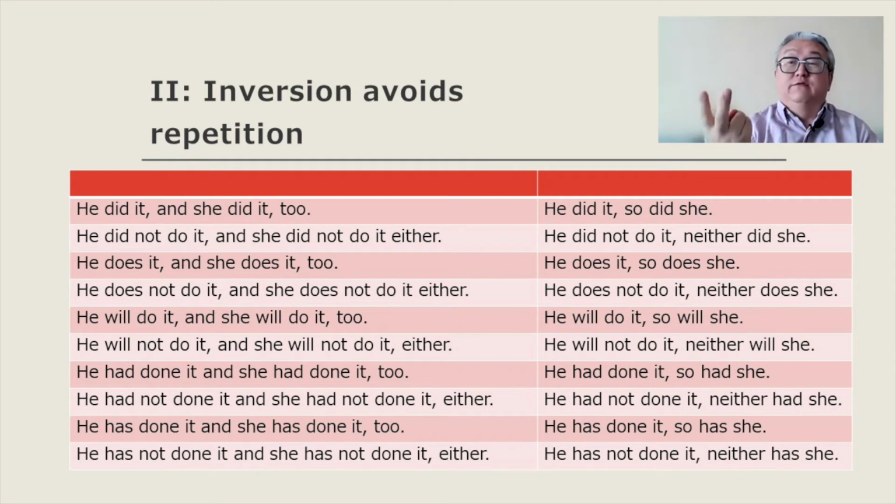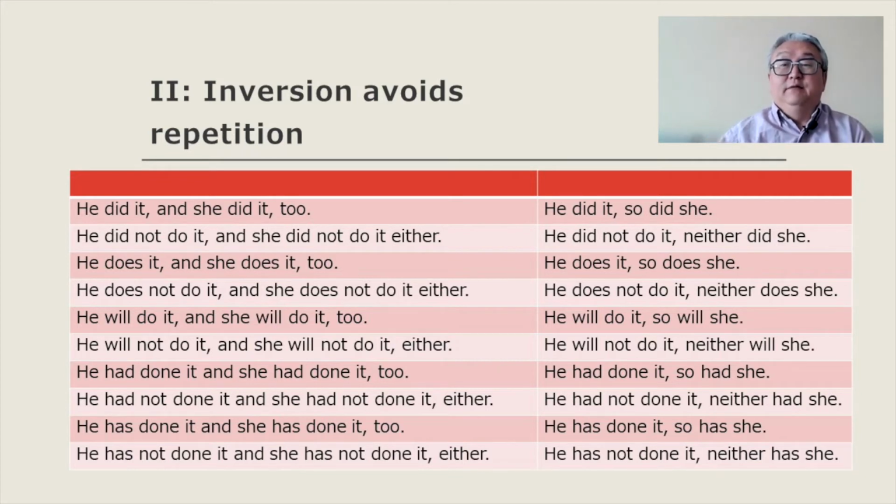You also avoided the sentence word order, which is a good thing. In English, avoiding repetition is very important. In the negative, you say he did not do it and she did not do it either, and then you can avoid the repetition by putting not either together, saying neither. So he did not do it, neither did she. That way you avoid repetition.